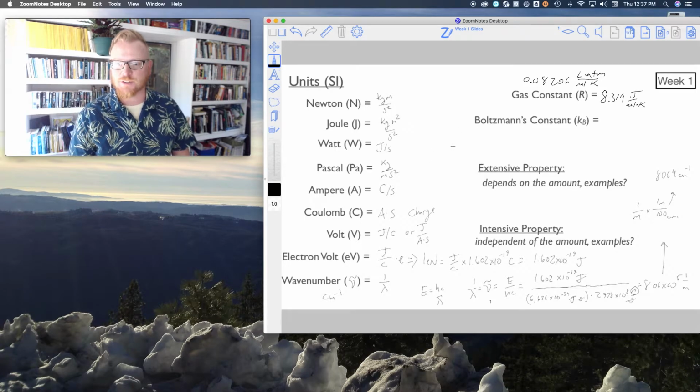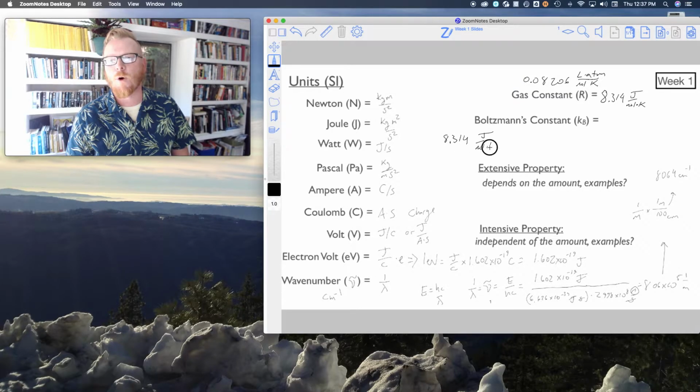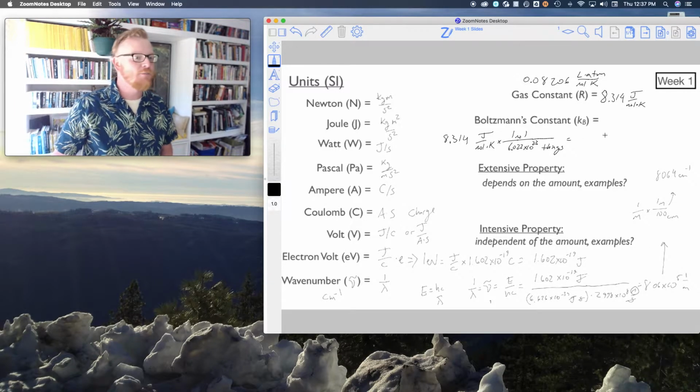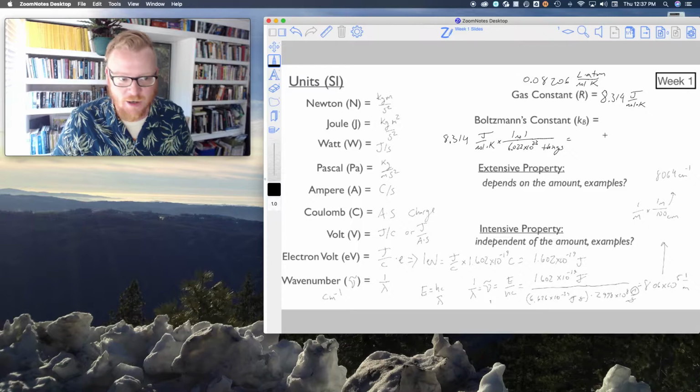Watch, I'll show you something. If I take 8.314 joules per mole per Kelvin, and I say in 1 mole there's 6.022 times 10 to the 23 things, and it doesn't matter what those things are, they could be molecules, atoms, electrons, chickens, whatever, it's a number.